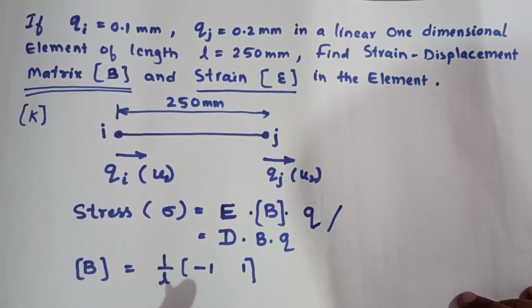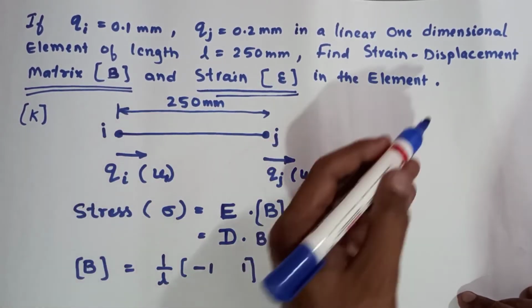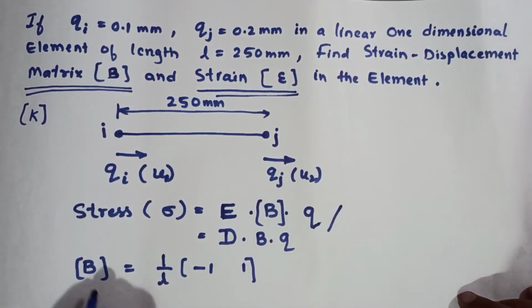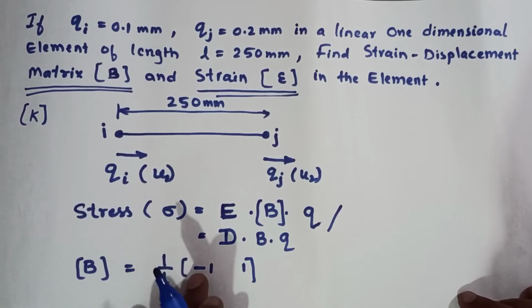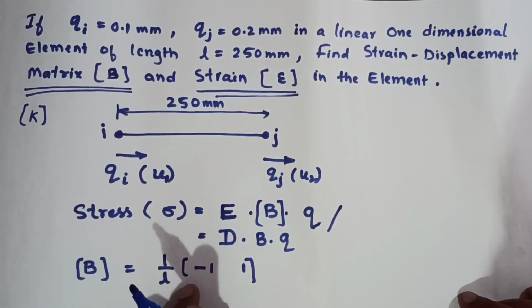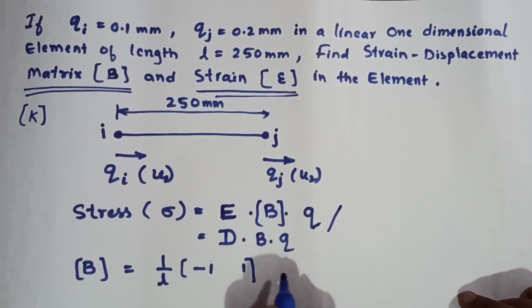Then how do you calculate the strain? That is the second term you need to calculate. Let me first calculate the strain displacement matrix. B is equal to 1 by L times the matrix [-1, 1], so it is a 1 by 2 matrix.